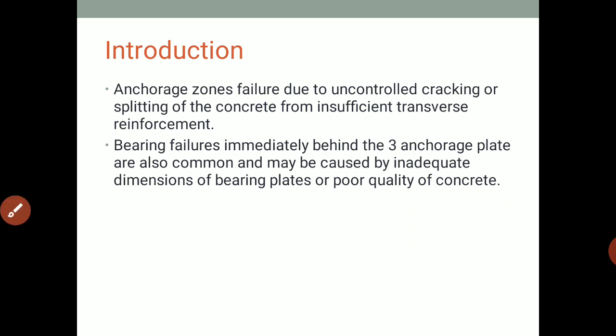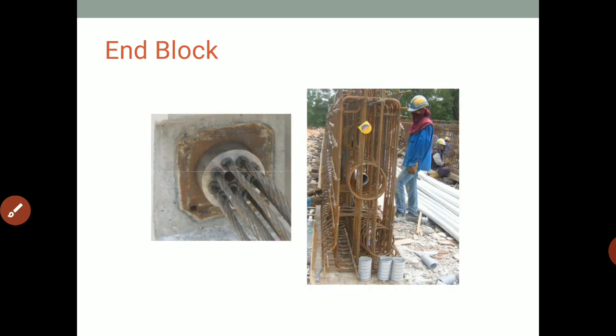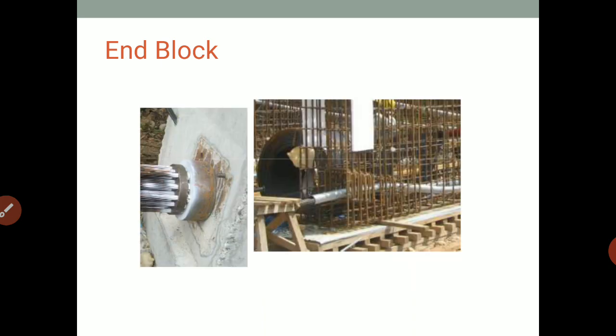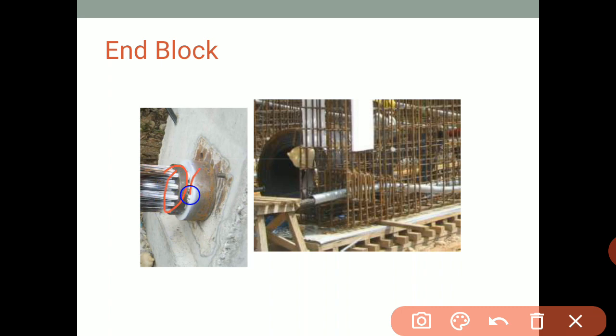What do we mean by behind the anchorage plate? Now see here, in this picture, this is the first, this is the second, and this is the third anchorage plate.